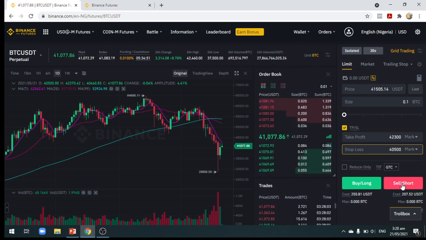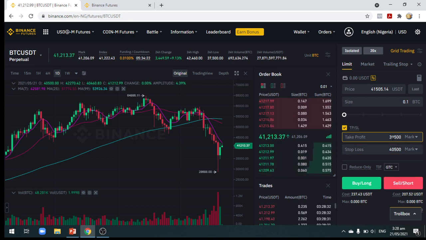And if you are taking a short position, then what you want to do is to put a price that is lower than the limit price here. So let's say you're hoping that the price of BTC will drop to 39,500, and that is the take profit mark. That's the price at which you want to close your sell position.